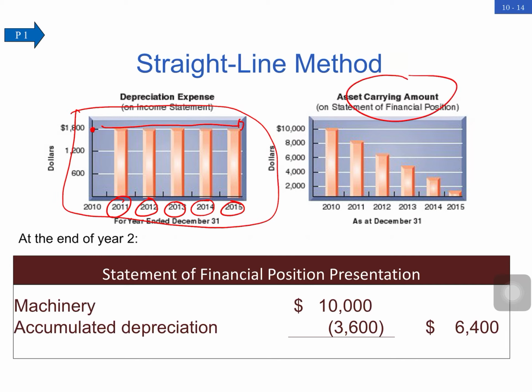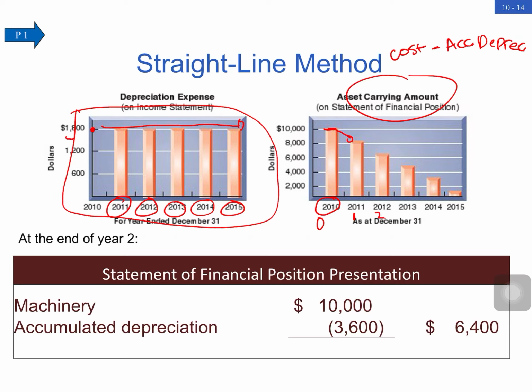The carrying amount means the original cost of the machine minus the accumulated depreciation. So in 2010, which is year 0, the cost of the asset is still full, 10,000, but at year 1, it's already depreciated by 1,800. So the carrying amount will be lower.